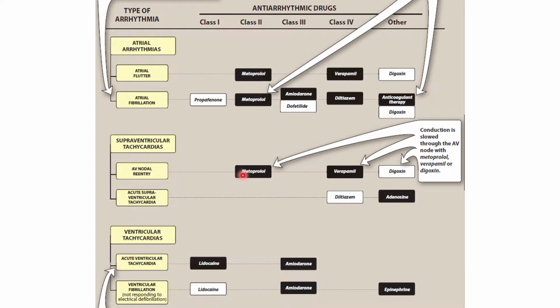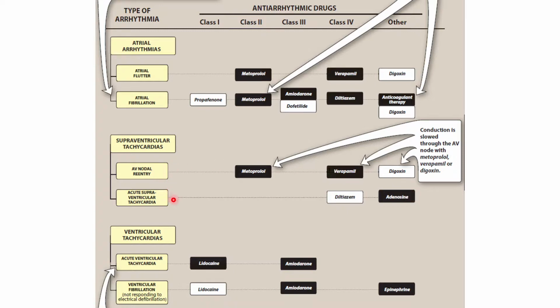The atrioventricular nodal re-entry is treated with metoprolol or verapamil, same as the atrial, so class 2 and class 4. And the second type of the supraventricular is acute supraventricular tachycardia, mostly treated with adenosine. So adenosine actually decreases the heart rate.